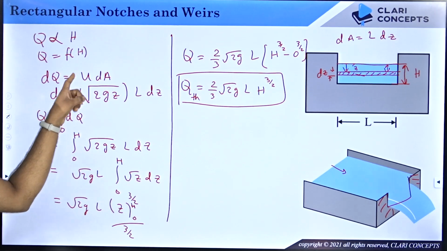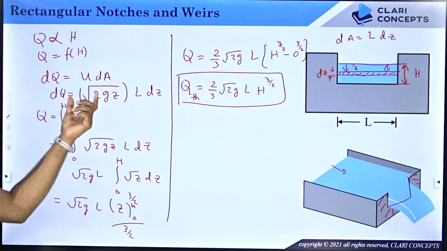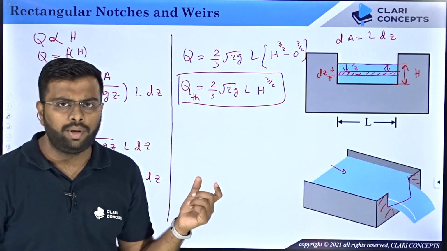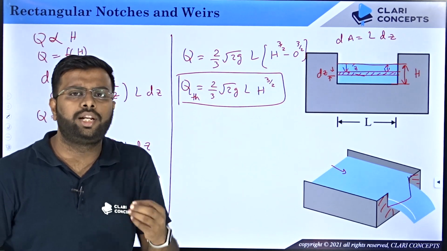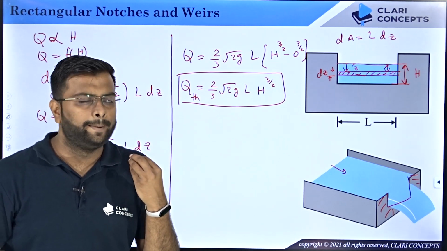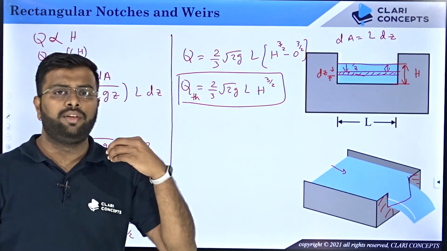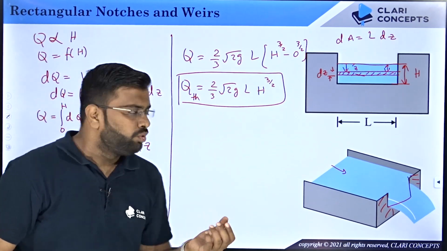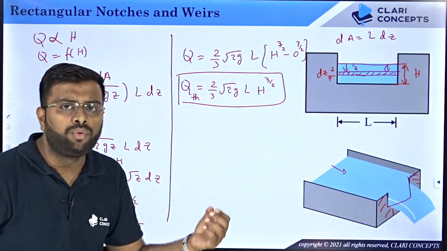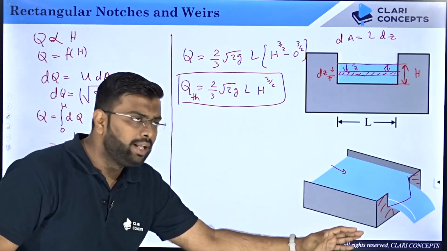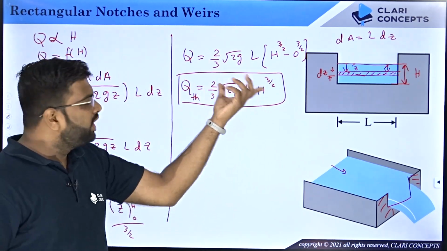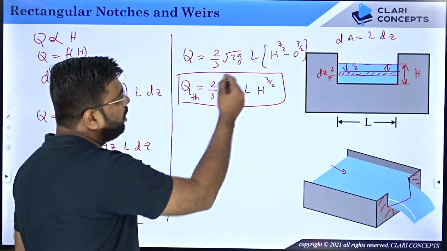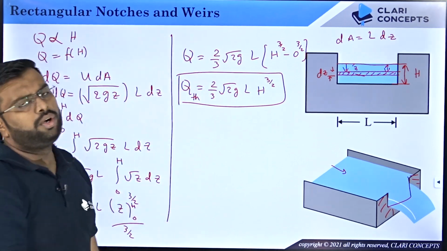When I said u equals under root 2gz, that means this is derived from Bernoulli's theorem, and Bernoulli's theorem itself has some assumptions: your flow is steady, incompressible, and inviscid. In reality, the flow may not be like that. So there will always be a deviation between the actual flow rate and the flow rate you get from here. So this value, when you use the formula, we will call the theoretical value.